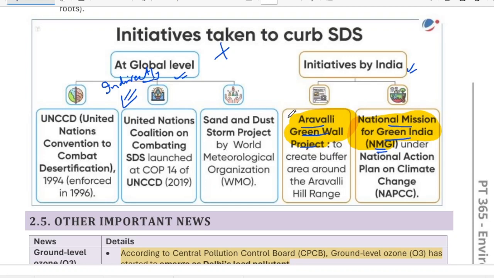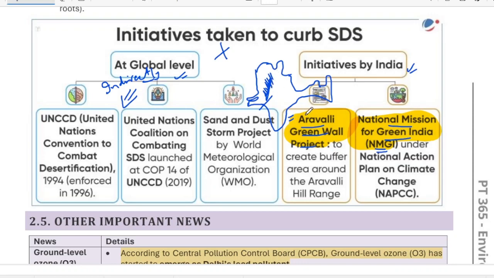What is the Aravali Green Wall? If this is India, consider this is India. My drawing is not that good, so please bear with me. If this is India and this is the Aravali range in India, the project has been launched to make this Aravali range green again by afforestation.